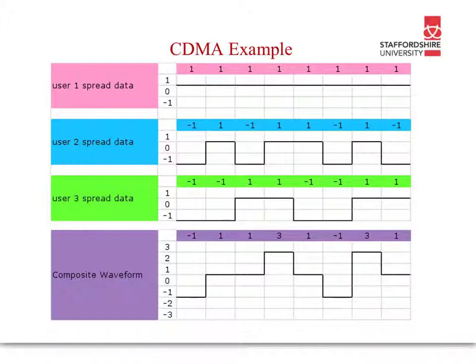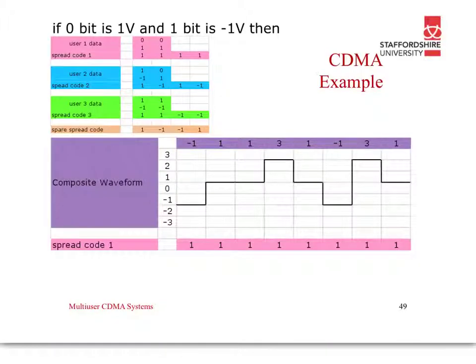So the composite waveform is shown here, and I've written it as -1, 1, 1, 3, 1, -1, 3, and 1. Okay, so I've copied what was transmitted here, and the composite waveform is our Y from our previous example.